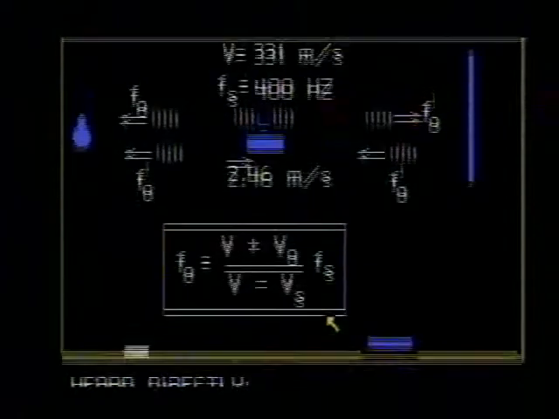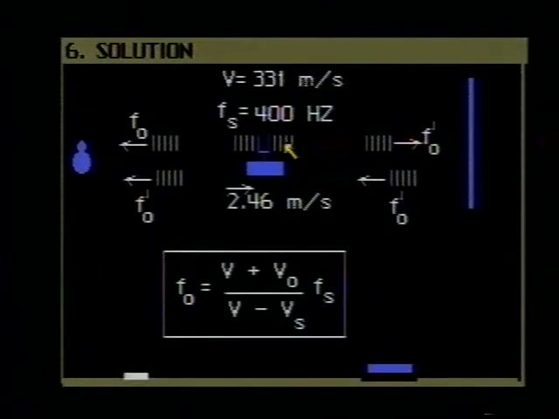The other thing of consideration here is the frequency of the sound that is reflected from the wall. So the sound from the source travels towards the wall, reflects off of the stationary wall, and back to the child. If we could find the frequency heard by an observer at the wall, so imagine that there is an observer here, and we calculate the frequency heard by that observer, that will be the same frequency that is heard by the child.